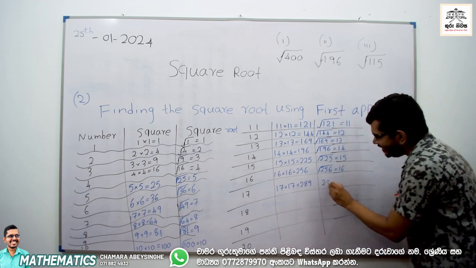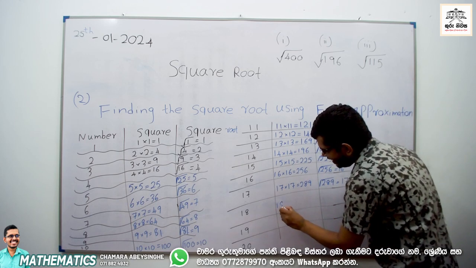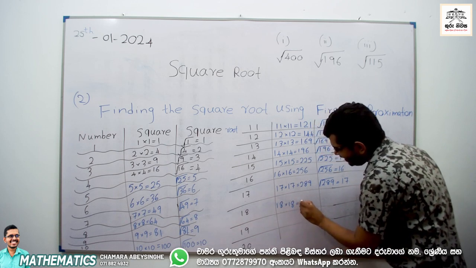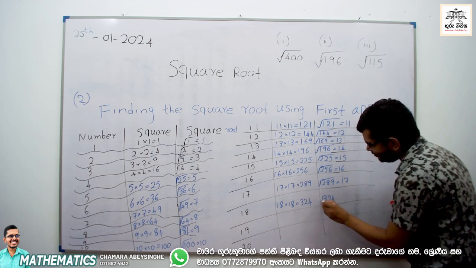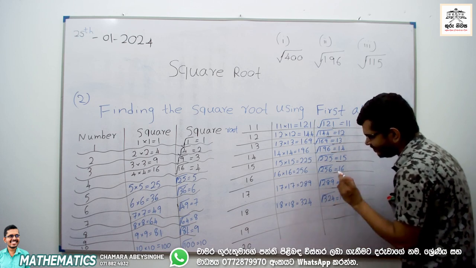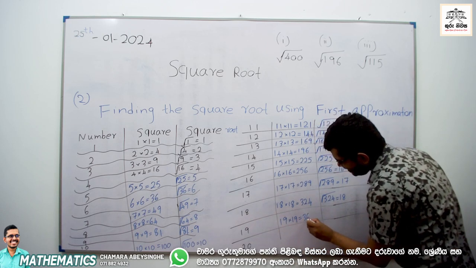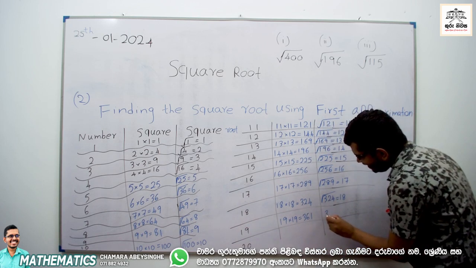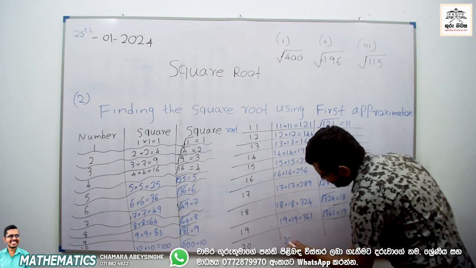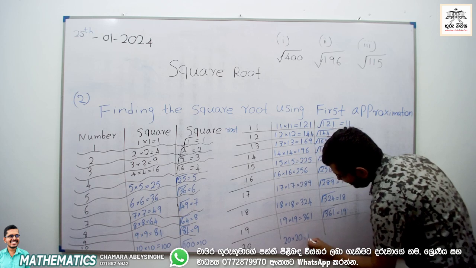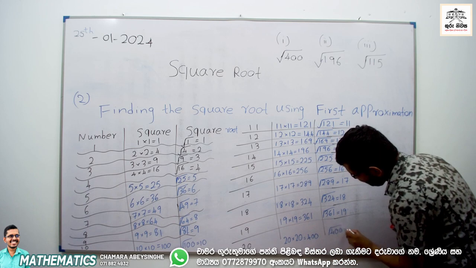Square root 289 is 17. 18 times 18? 324. Square root 324 is 18. 19 times 19? 361. Square root 361 is 19. 20 times 20, 400. Square root 400 is 20.